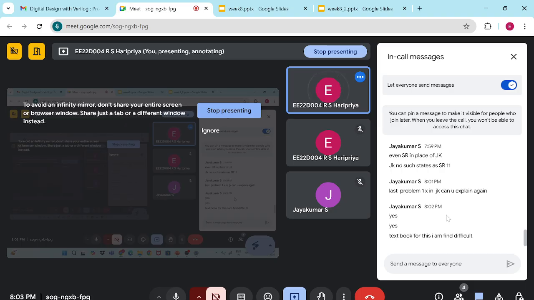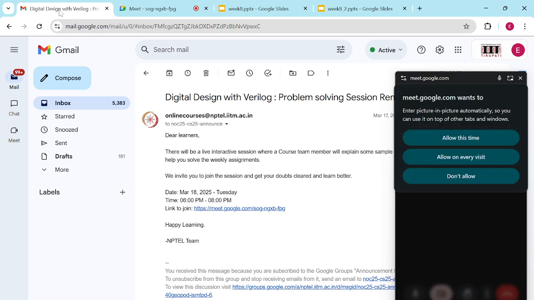I think for this textbook, before every NPTEL lecture starts, they provide the name of the book from which it is taken.